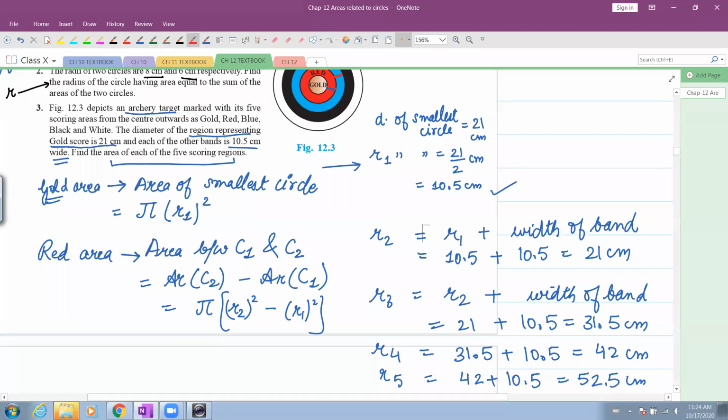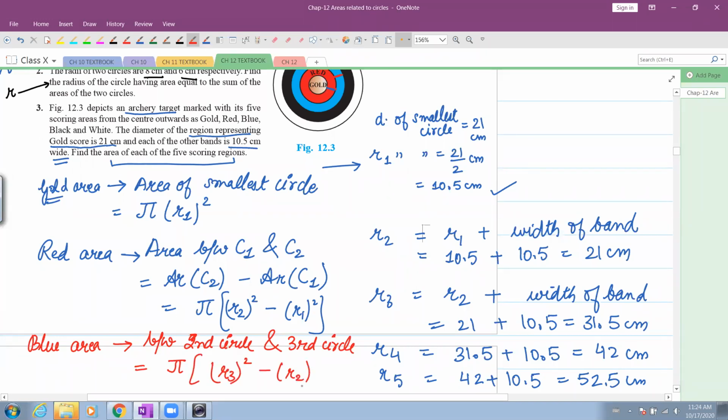The next one is the blue one, between the second circle and third circle. This will be given by pi times r3 squared minus r2 squared. Similarly, you can find out for the black one and the white one.